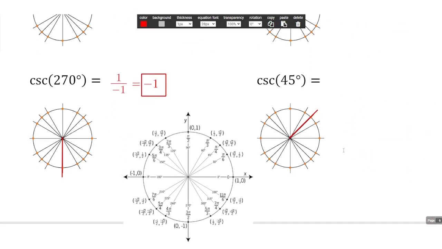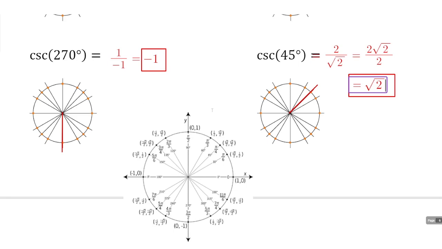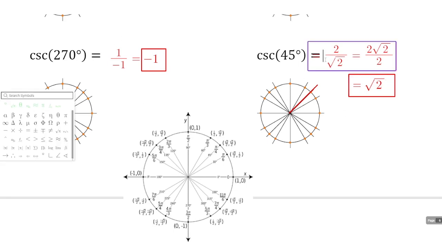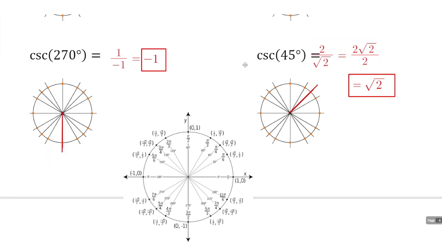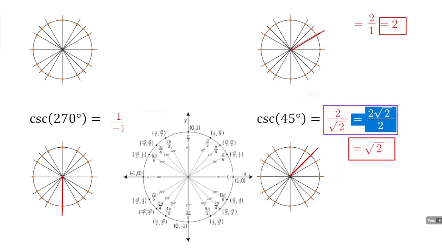We do get 2 over the square root of 2. And then when we rationalize that denominator, the 2's cancel out, giving us just the square root of 2.